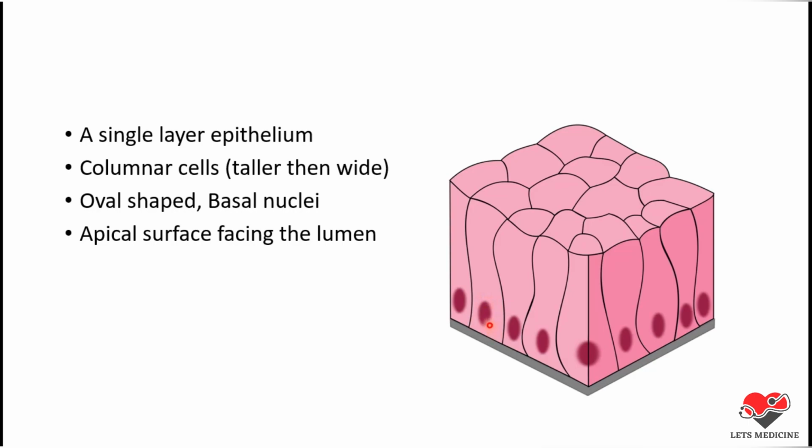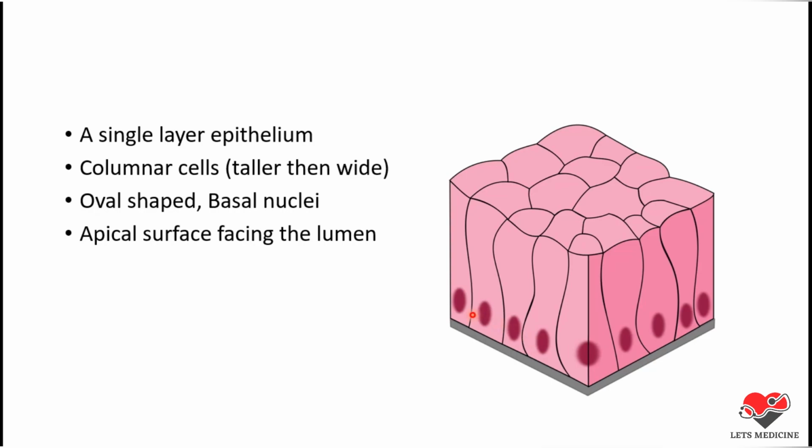Okay, so it is an important differentiating point from the cuboidal epithelium, because often under the microscope columnar epithelium is difficult to differentiate from the cuboidal epithelium. But when you see the position of nuclei, if it's present in the basal area of the epithelial cell, then it's an indication of tall columnar epithelium instead of cuboidal epithelium.